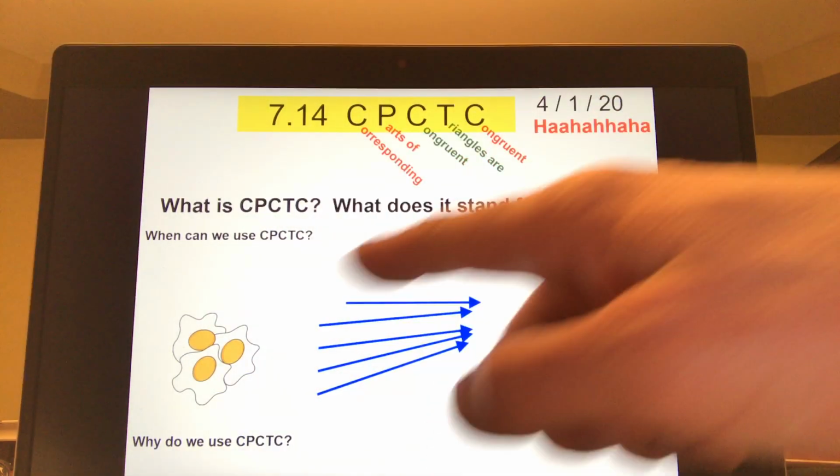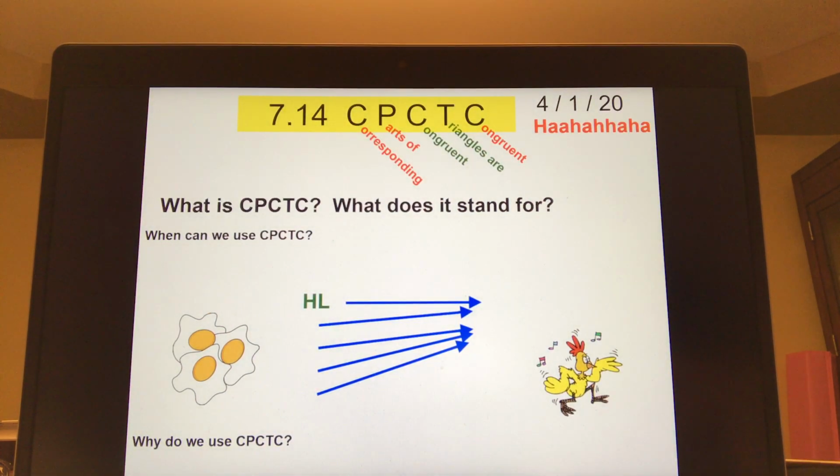It's kind of like this chicken and the egg argument that you may have had in your science classes. I don't know. So you might do a proof, and you might prove the hypotenuse and the leg are congruent, and they have right angles. And then you might not want to be done with the proof. You might want to do something else. You might use side, angle, side to prove triangles are congruent, or maybe side, side, side, or angle, angle, side. You probably know which one is missing: angle, side, angle.